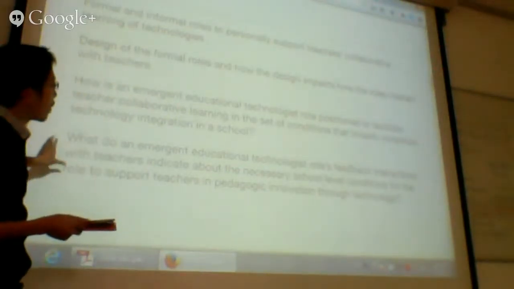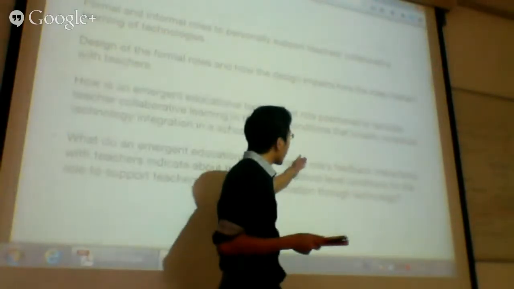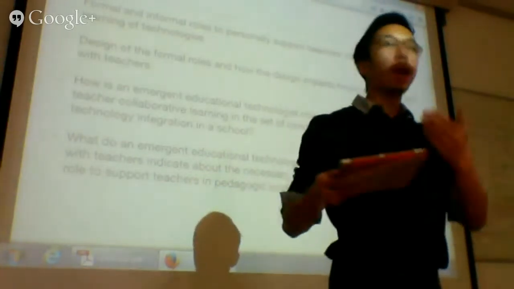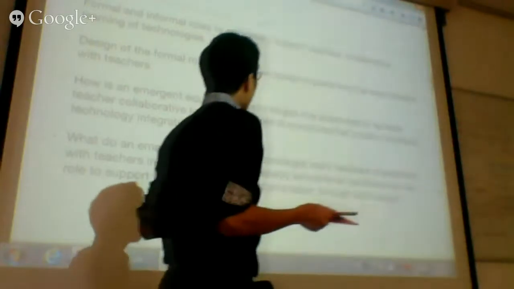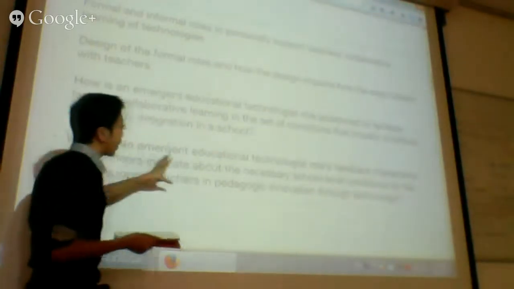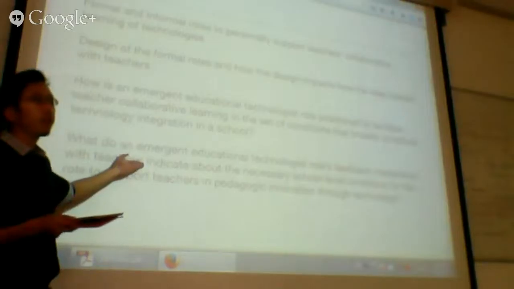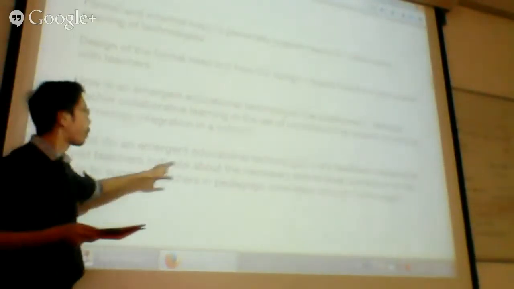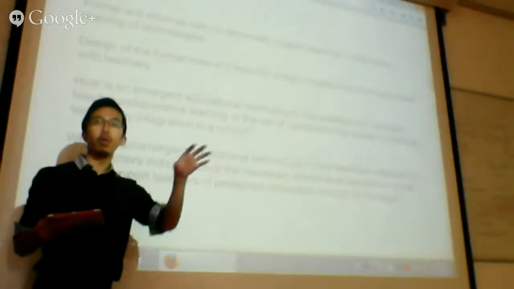If a technologist is placed in a school, it starts interacting with different people. How are all of these interactions affected by the school level conditions where it's placed, and what can this tell us about what's important about the placement of a role within the organization for this purpose?